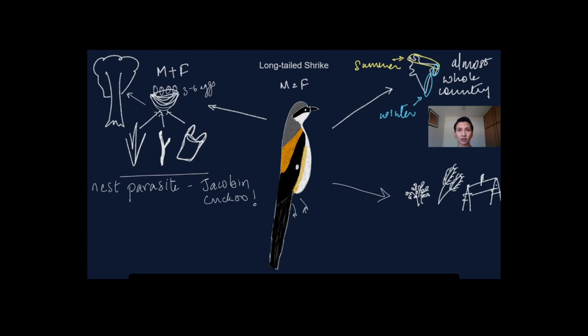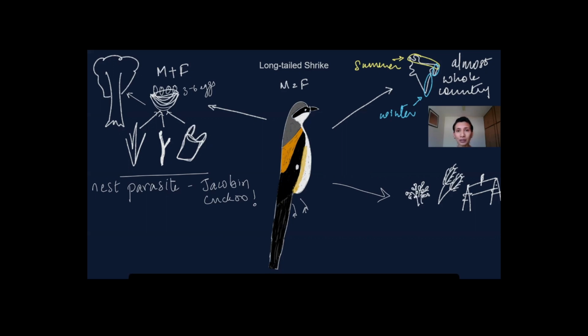the long-tailed shrike has a brood parasite, a nest parasite, the Jacobin cuckoo. I'm not sure if you've come across this concept of nest parasite yet in your sessions, but I'll just quickly explain. A nest parasite is basically when birds like the cuckoo, who do not make their own nest, are ready to lay an egg, they will go and do that in another bird's nest.